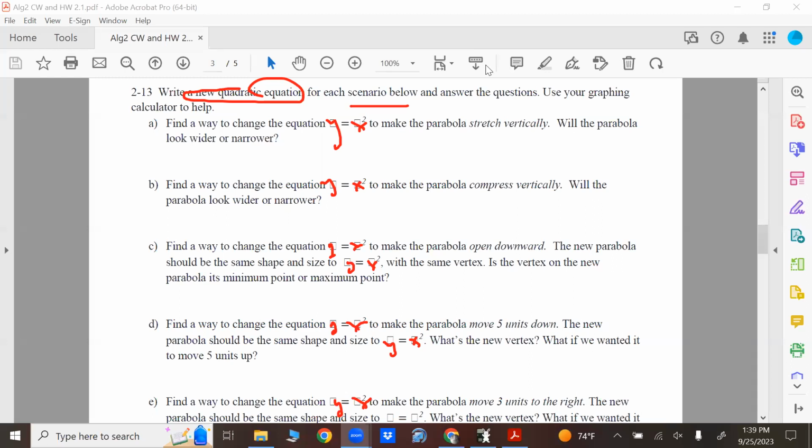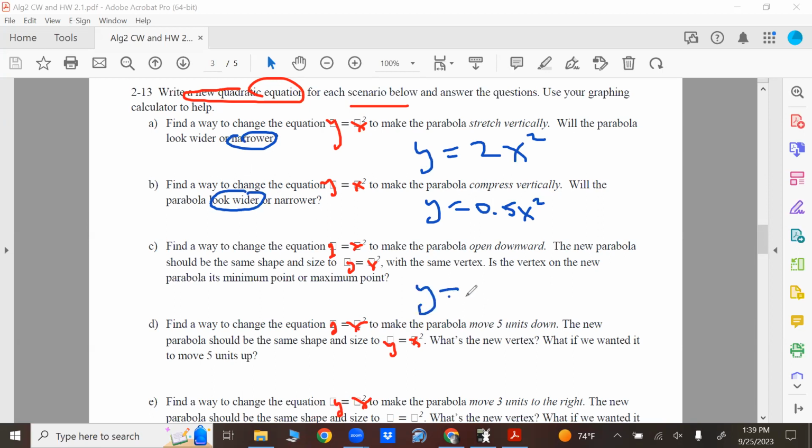Yeah, so you could do this, guys. You could say y equals 2x squared. It's getting narrower as a result. y equals 0.5x squared if you compress. That's getting wider as a result. If you want to open down, you could do y equals negative x squared. The vertex is now a maximum, by the way, because it's pointing down.